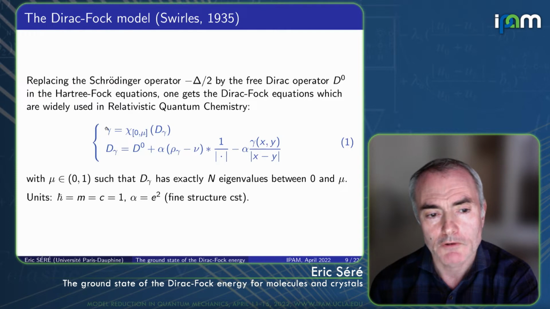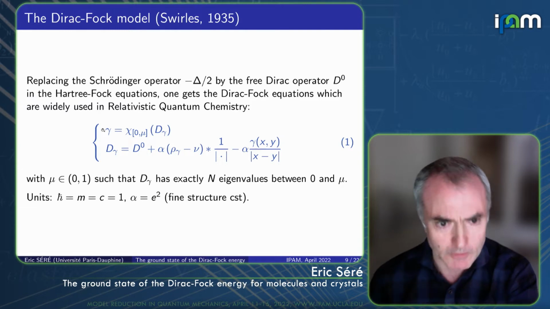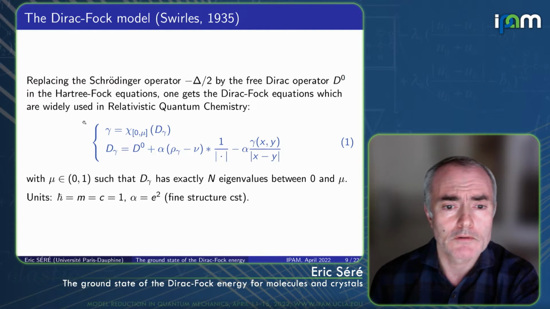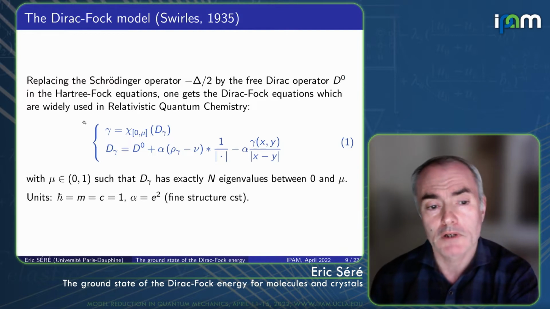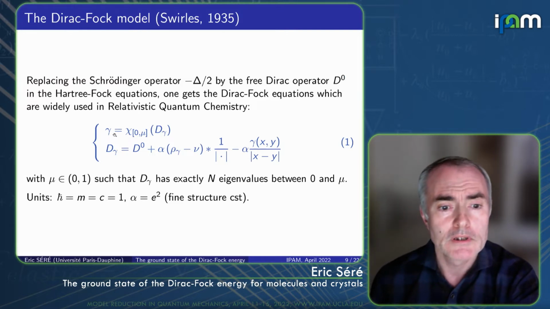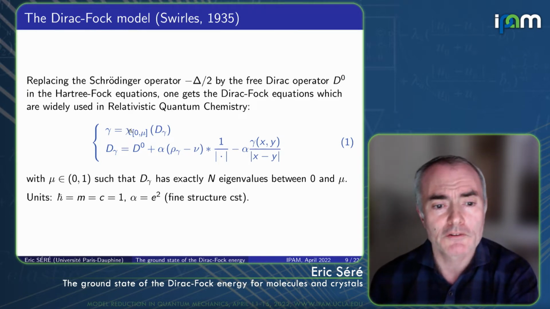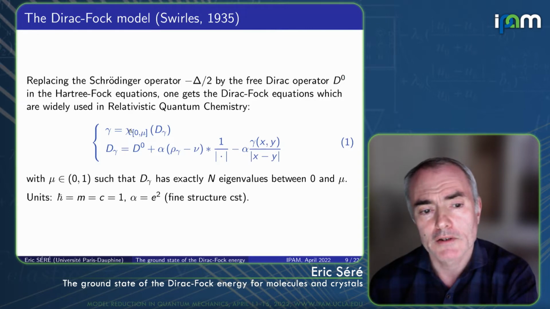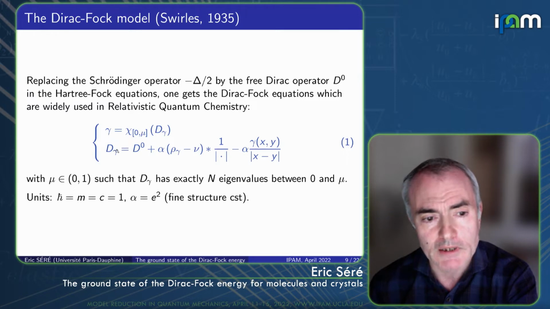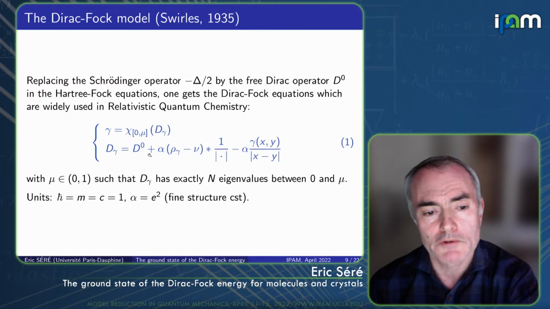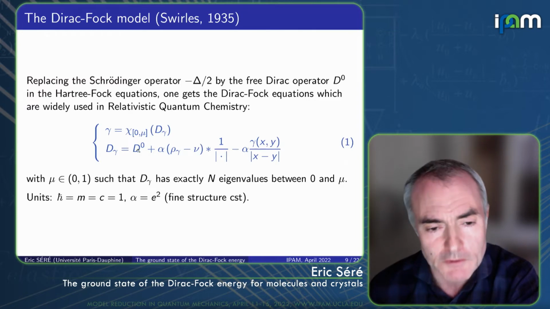So gamma, the density matrix corresponding to our n electron state, should be, and chi means 1 here, the spectral projector associated to the interval of eigenvalues 0 to mu of the mean field operator d gamma, where the mean field operator d gamma is really like the mean field operator for Hartree-Fock, but with Laplacian replaced by Dirac.